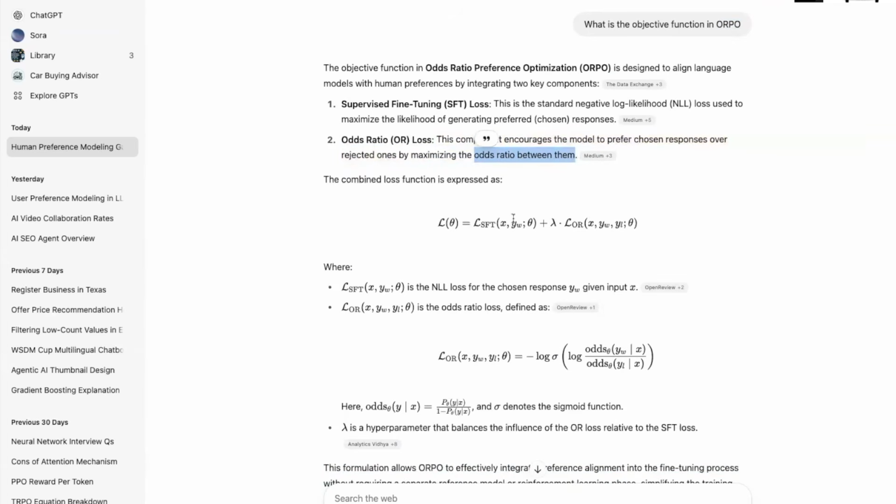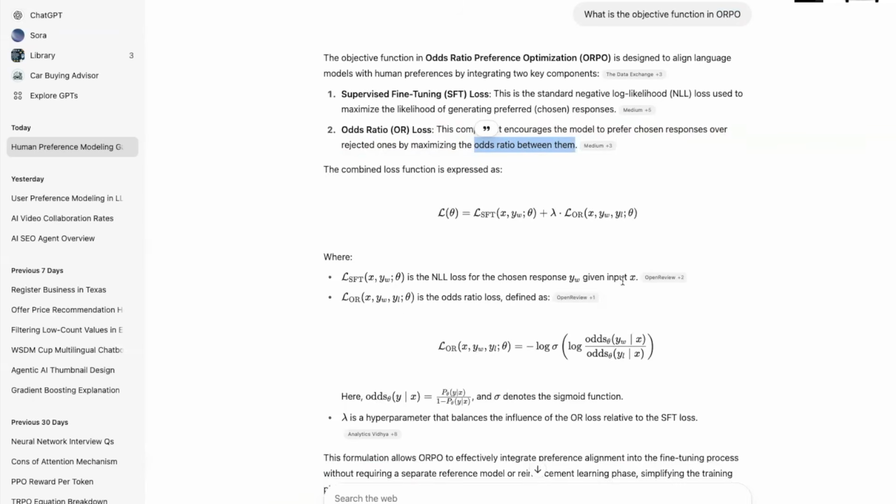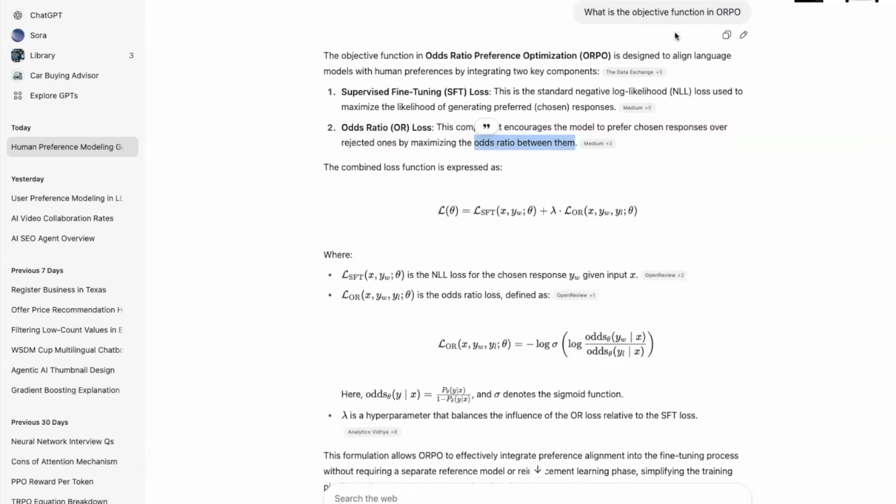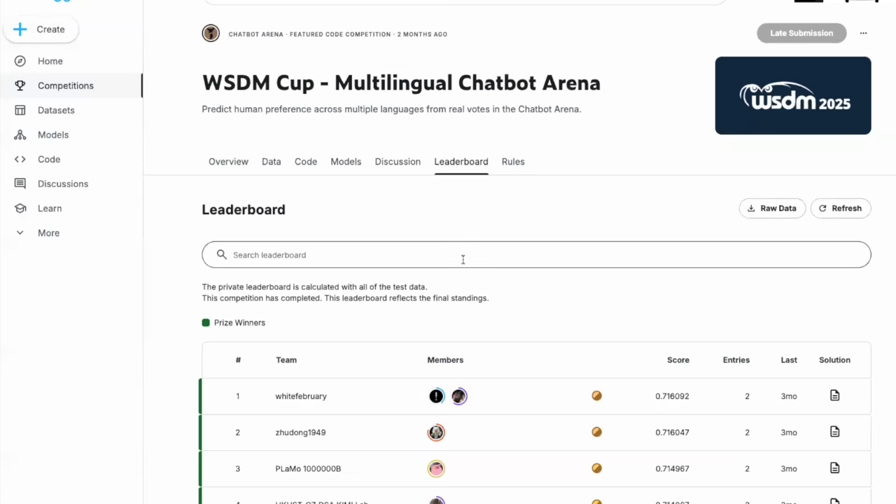So it's not just focusing on the win response, but also pushing the model to choose the winning response over the rejected or losing ones by using this formula. If you want to deep dive into this algorithm, the quickest way is just to chat over here.